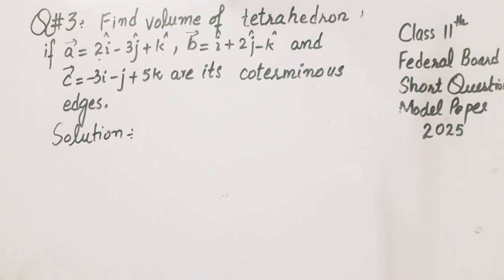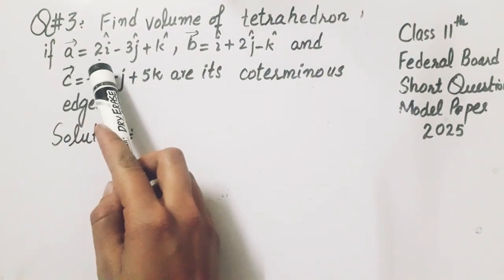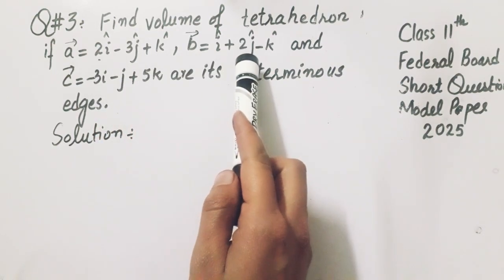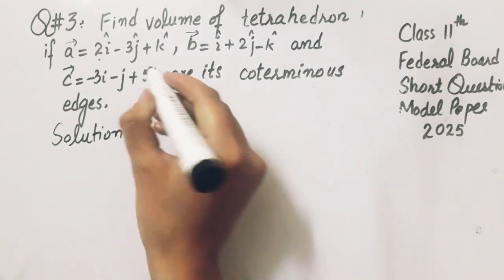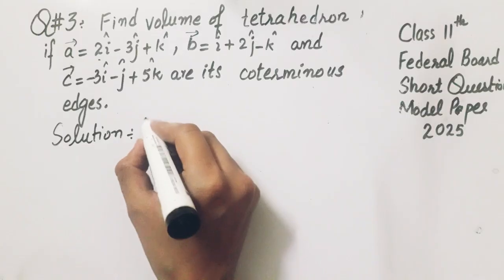Now the question is find volume of a tetrahedron if A vector is given 2i minus 3j plus k and B vector is i plus 2j minus k and C is minus 3i minus j plus 5k. These are the values given and you have to find the volume.